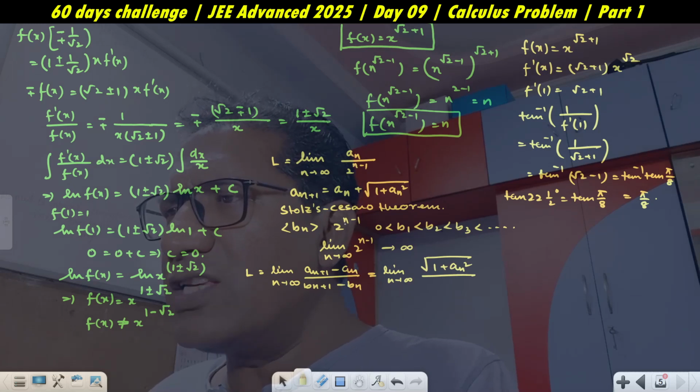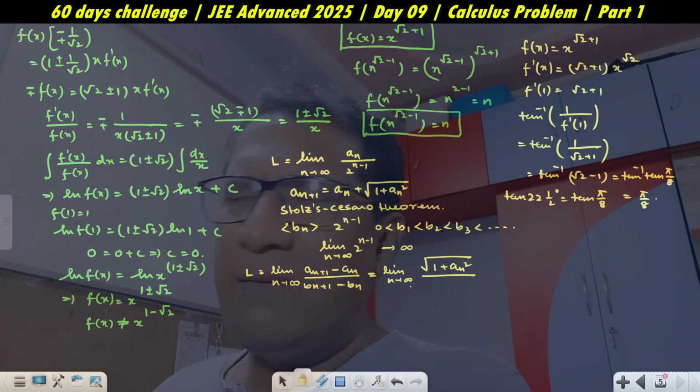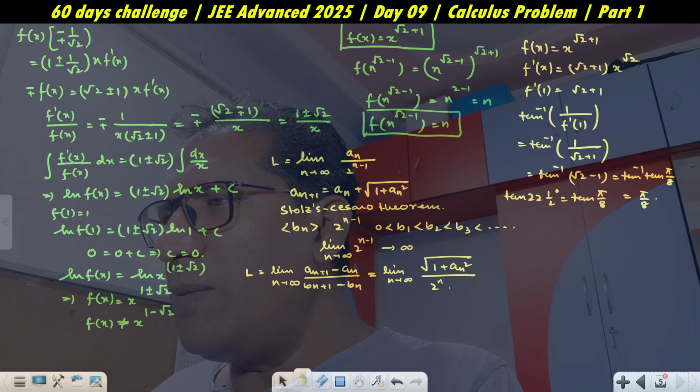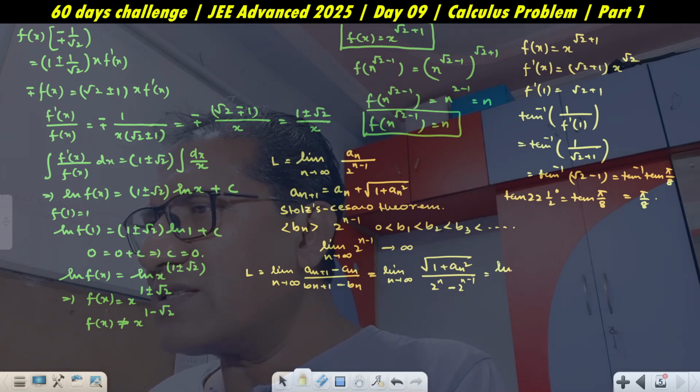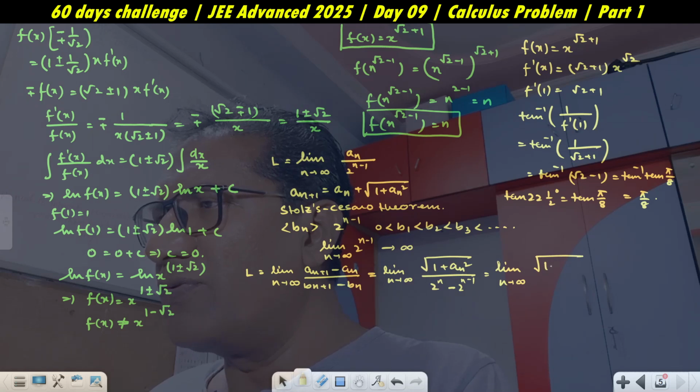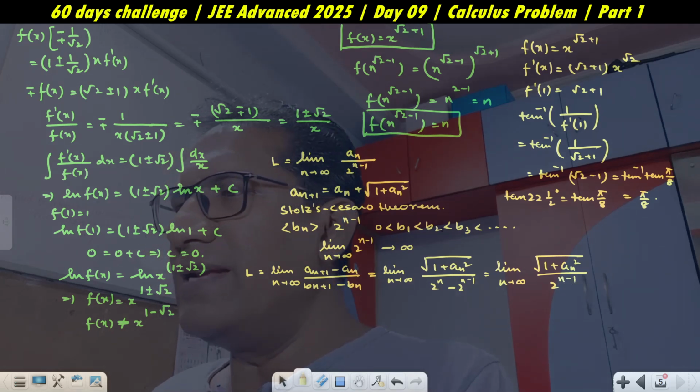Your b(n) is 2 to the power n minus 1, so b(n+1) minus b(n) will be 2 to the power n. So that gives us the limit as n approaches infinity of root over 1 plus a(n) square divided by 2 to the power n minus 1. Am I correct?